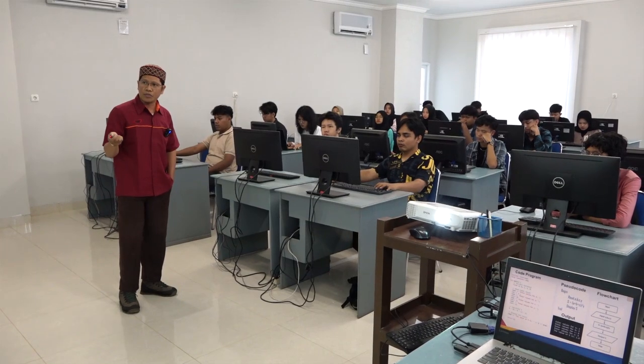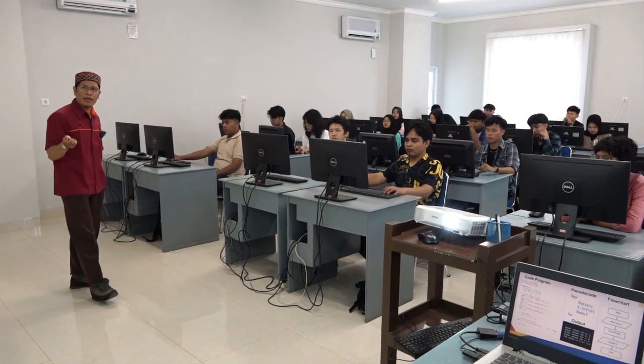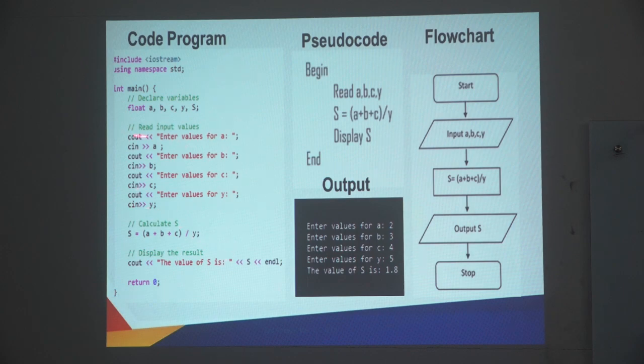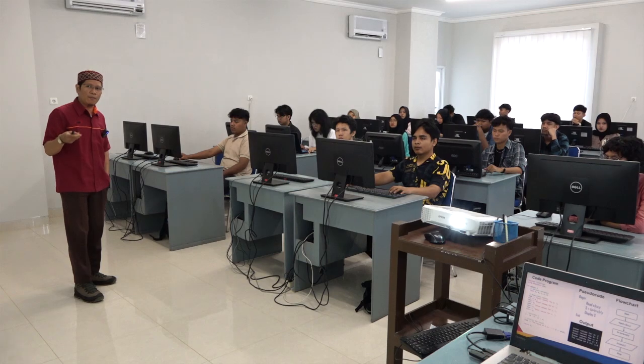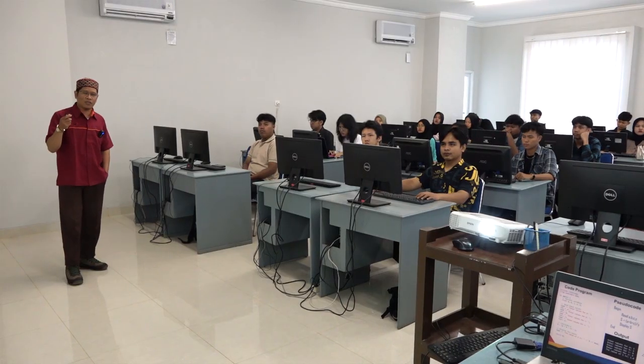And 9 is the total here, divided by 5. 5 is the value of the variable y. We calculate the result as a plus b plus c divided by y. Then we can use cout here as the output: the value of s is, as a floating point variable, and cout here gives 1.8.